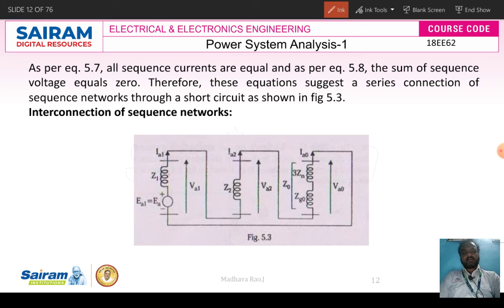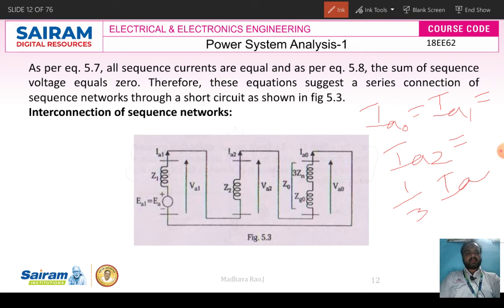So IA0 is equal to IA1 is equal to IA2 is equal to 1 by 3 into IA, right? So when an LG fault occurs on an unloaded synchronous generator, we got these relations, right?